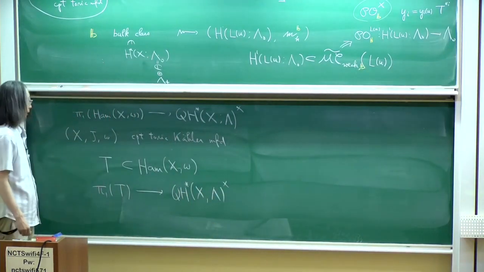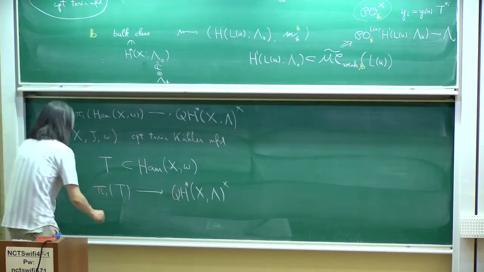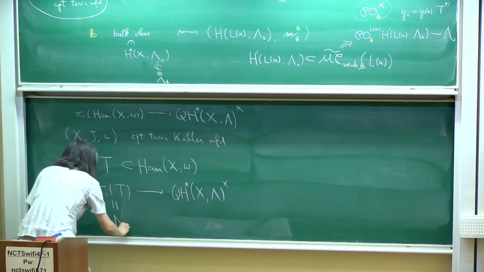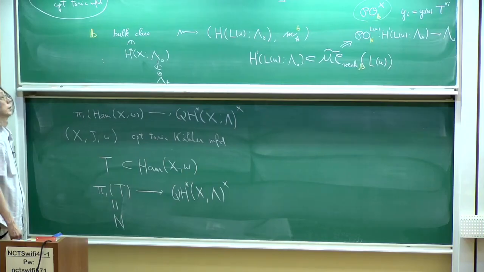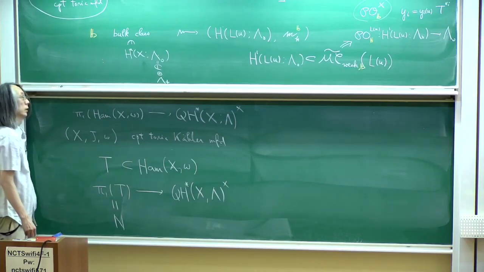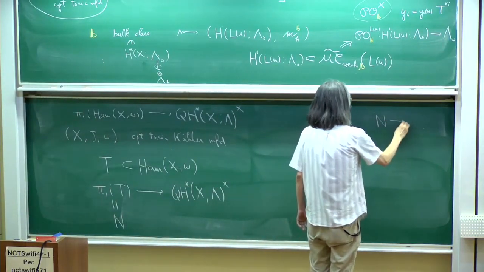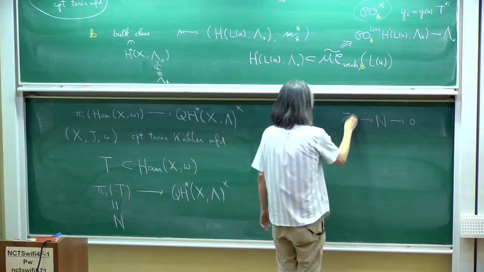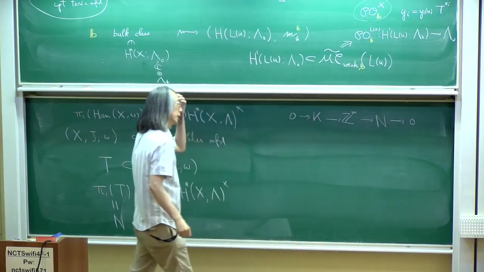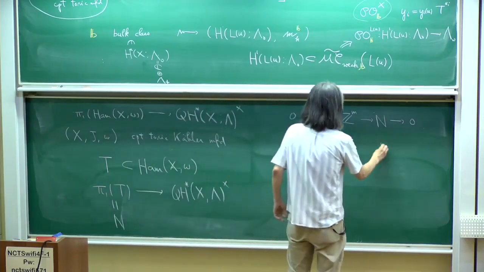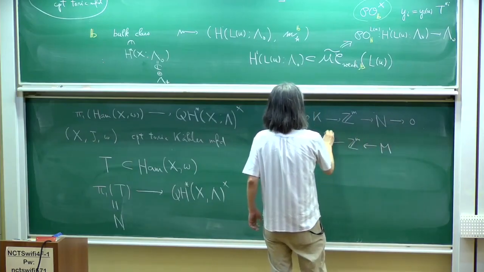And this one is our N, the lattice N. Here I have a Gm, and then I wrote it as K something like this. And then in dual, actually, we have this M here, and then this sequence like this.